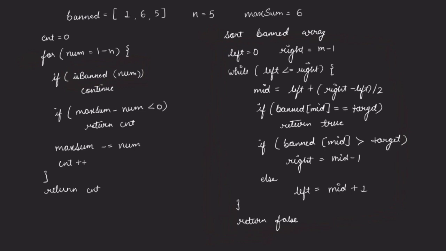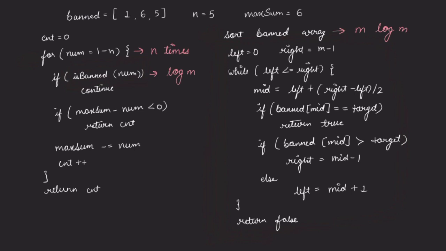So here if you see, you are sorting the band array, right? And we are considering its length as m, so it will take m log m time to sort, right? Then here we are running a loop n times, and inside this, we are calling the function isBand. Inside this isBand function, we are applying binary search over our sorted band array, so this is always going to take log m time, right? What is the time complexity of binary search?